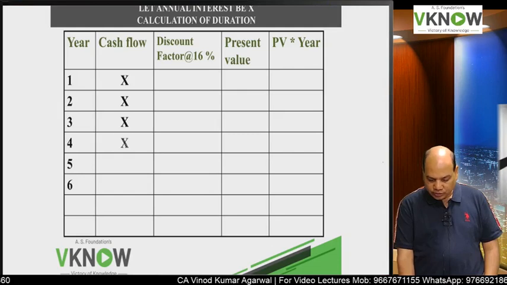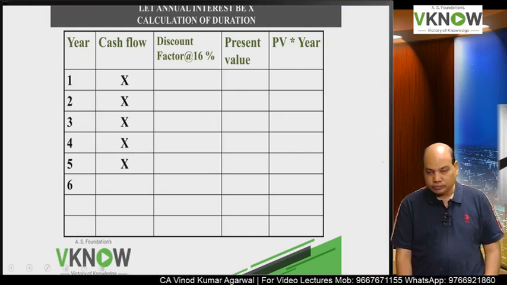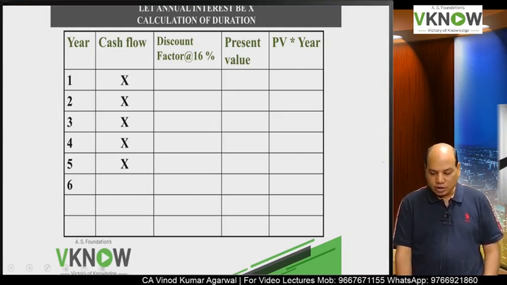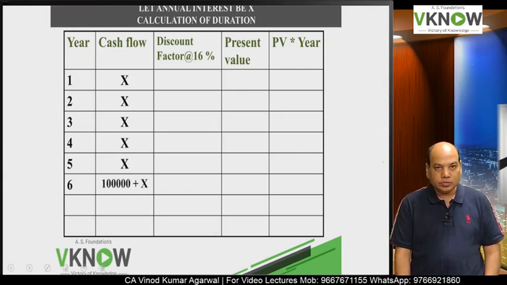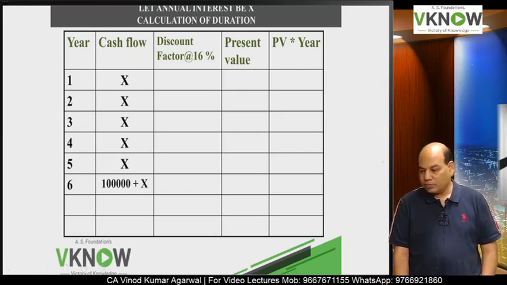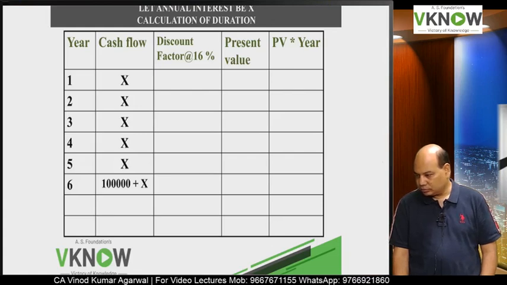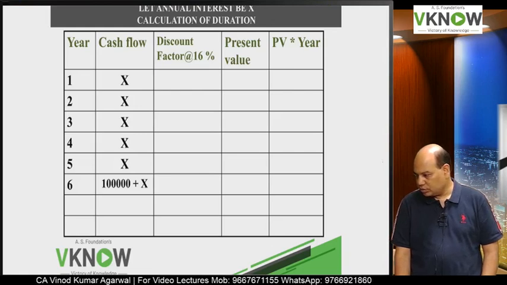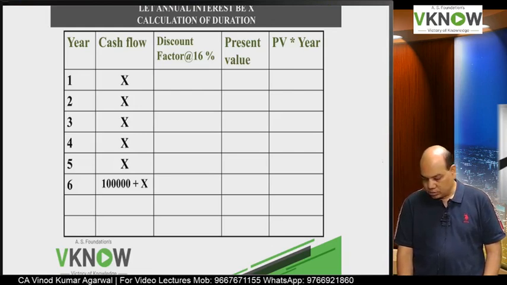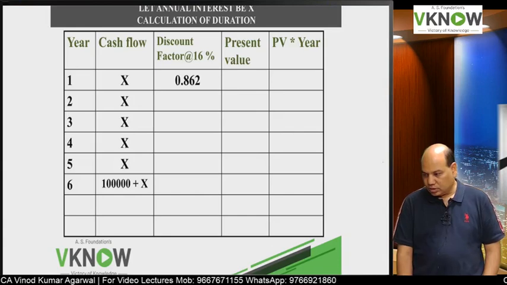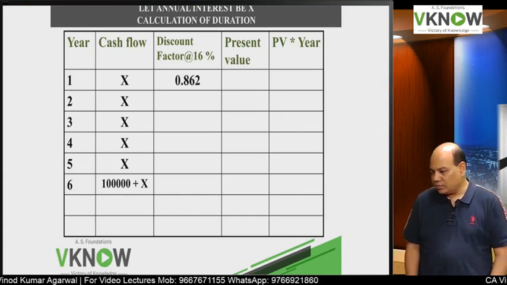Coupon amount we have assumed to be X 5 times, and then in the last column you will write 1 lakh plus X. Then calculate the discounting factor.